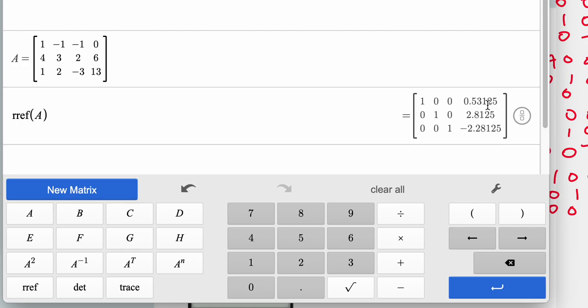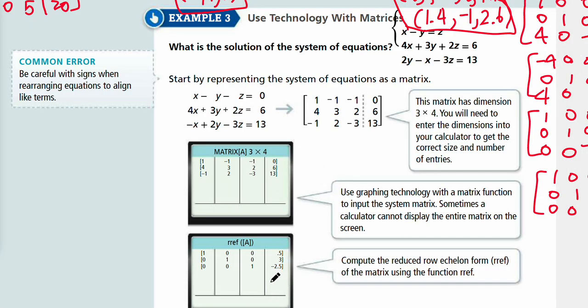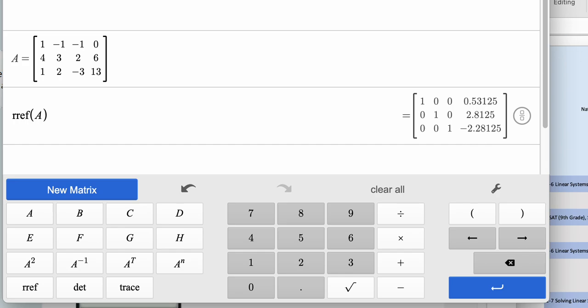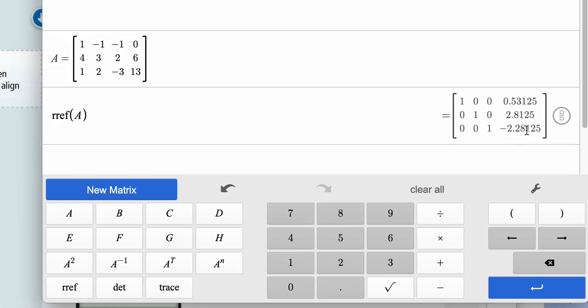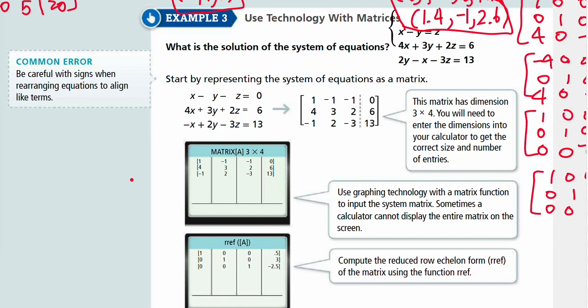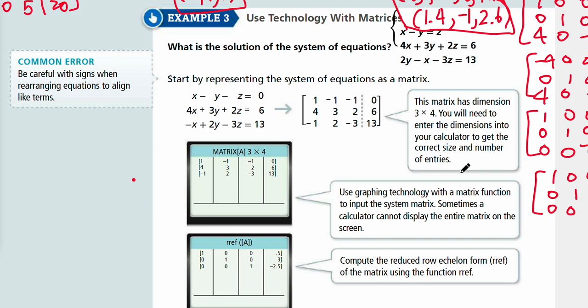It turns out that this is already rounded, right? And then your y is 2.8125, so it's about 2.8. And your z is negative 2.28125, so it's about negative 2.3. Okay, so that would be using your technology.